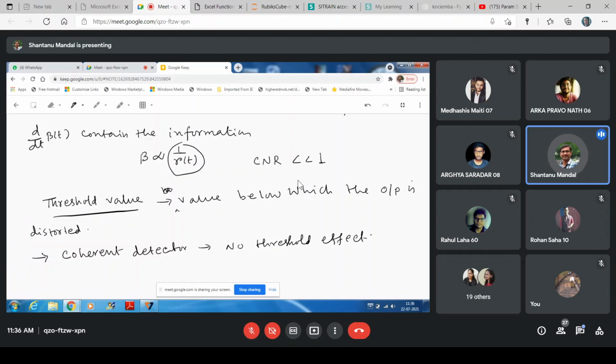Threshold effect means the output signal is distorted.